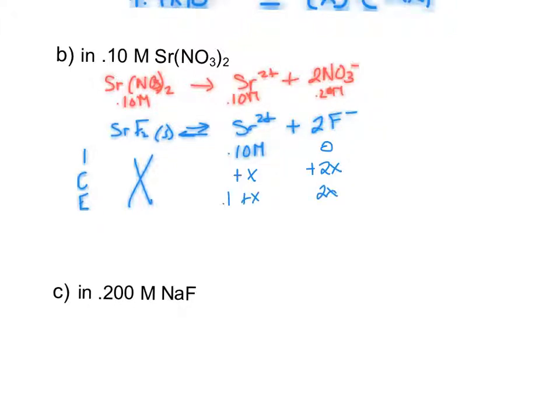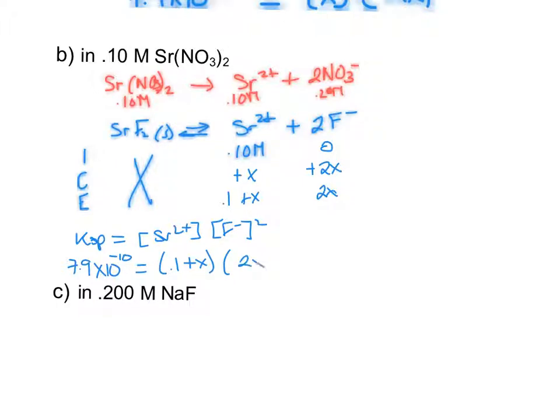I'm going to write my KSP expression. My KSP expression is going to be the concentration of the Sr2+ times the concentration of the F minus squared. My KSP is 7.9 times 10 to the negative 10th is equal to, my Sr2+ concentration is 0.1 plus X, and then this concentration is 2X, and then again, don't forget to square that.